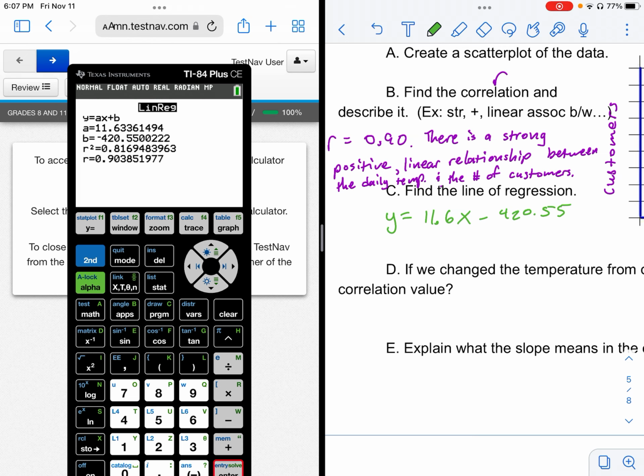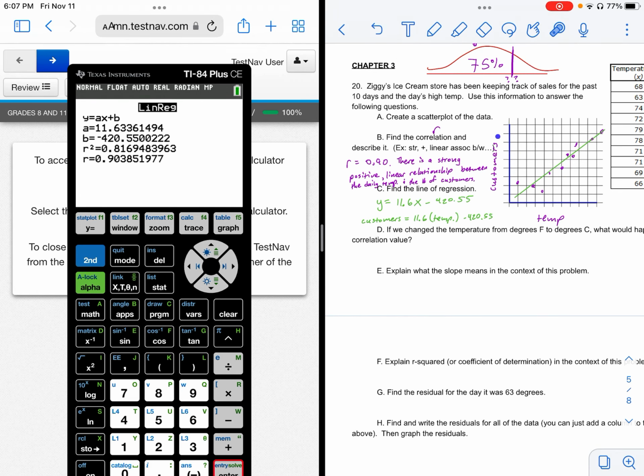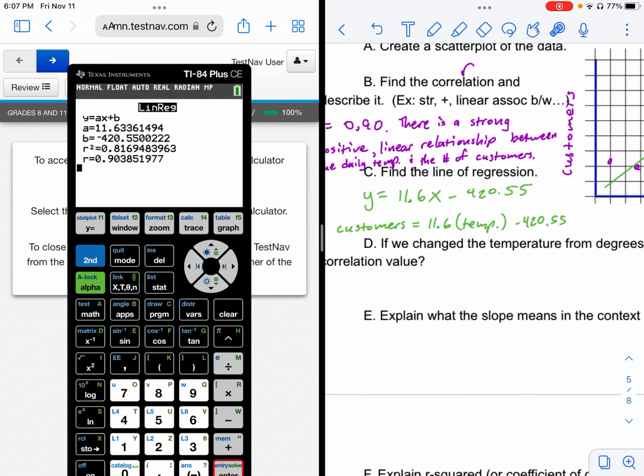If you want to put a little context to it, it would be customers is my y value equals 11.6 times the temperature minus 420, which is why I really like to have these labels. It helps me know what x is and what y is.